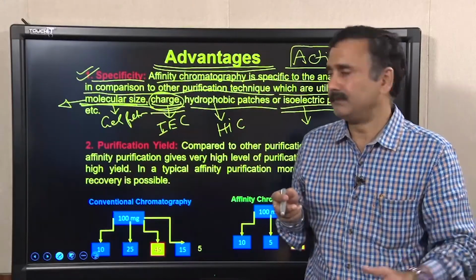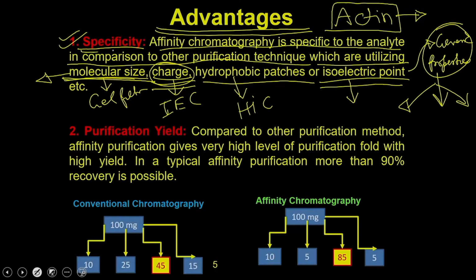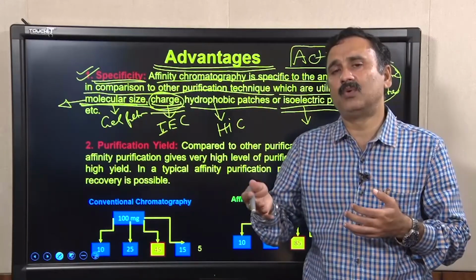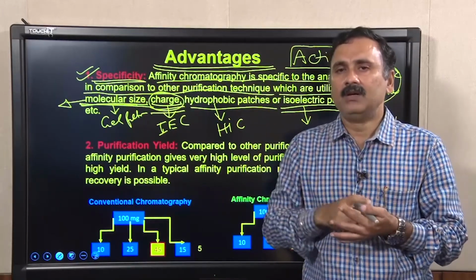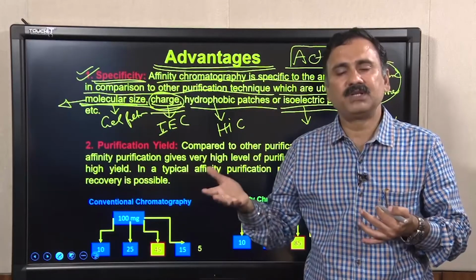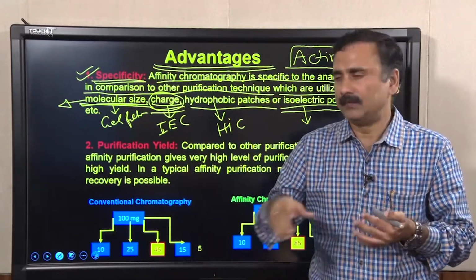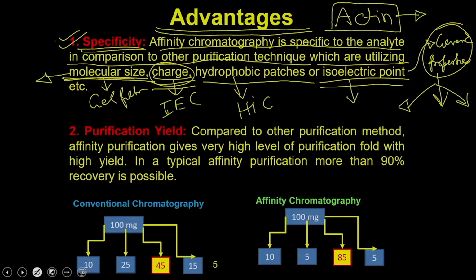Whereas with affinity chromatography, I can purify actin in a single go by utilizing receptors that have affinity for actin. So that specificity is a very important and exclusive advantage of affinity chromatography.